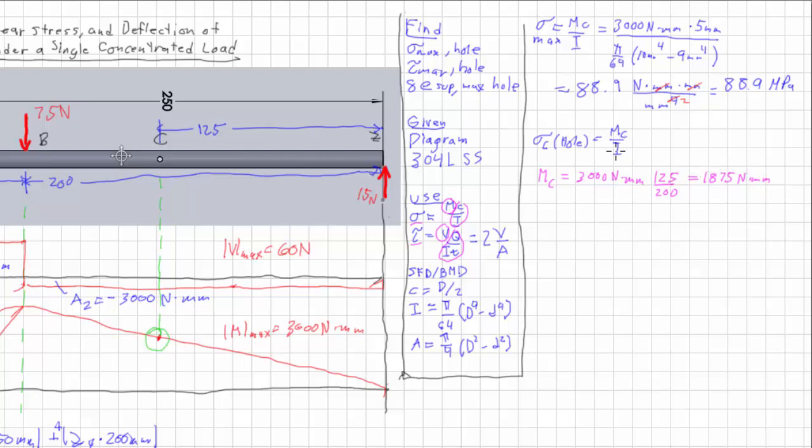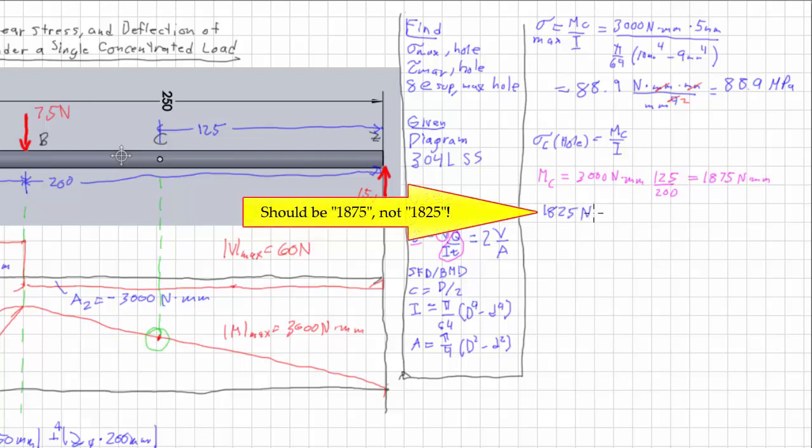Okay, so let's plug this back in. We've got 1875 Newton millimeters times c. That doesn't change, and neither does I. So that's easy. 5 millimeters. And maybe we should have calculated I ahead of time. It's usually a good idea.